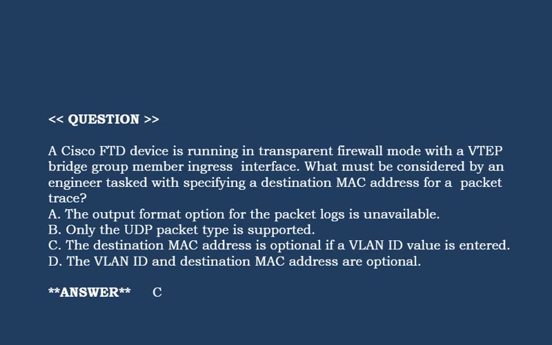Option B. Only the UDP packet type is supported. Option C. The destination MAC address is optional if a VLAN ID value is entered. Option D. The VLAN ID and destination MAC address are optional. Correct answer is option C.